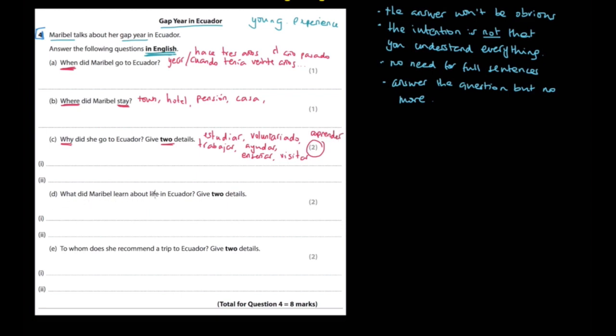What did Maribel learn about life in Ecuador? The keywords here are what, learn, about life, and importantly, 2 details. So what she could have learned about life. From the little knowledge I have of Ecuador, I might think it's "sencilla", simple.